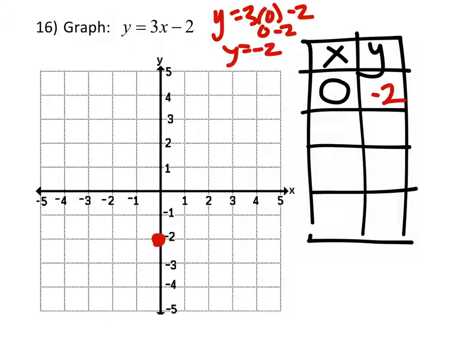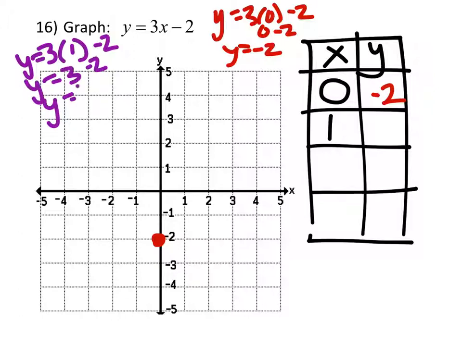Okay, so let's move maybe 1 to the right of that. So let's choose 1. So again, we go back into the equation. Y equals 3, now x is 1, and then minus 2. So y equals 3 minus 2, which is 1. So we have x is 1, y is 1, and there's our next point.